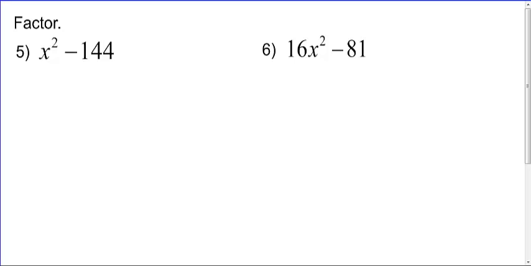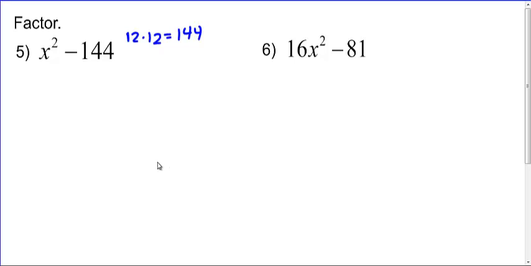All right, the last slide. We're there, fast. X squared minus 144. Now this doesn't match the a squared plus or minus 2ab plus b squared, but notice that we have perfect squares, x squared and 144. Now I know you guys know 144 is 12 times 12. How do I know that? Well, because my 4th grade son is required to know that fact.